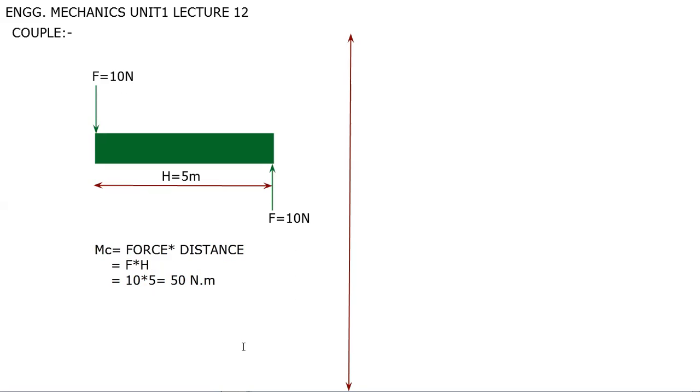Okay. So I hope that you have understood what a couple is and how to calculate the moment caused by that couple. Now there are some characteristics of this couple, or you can say some salient aspects of this couple force system, or the concept behind the couple.